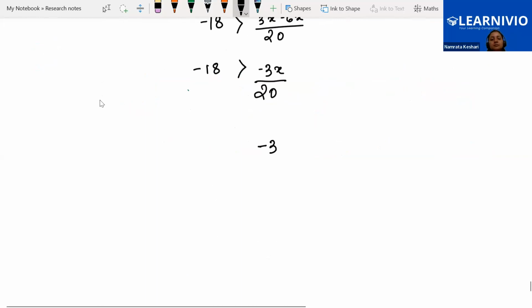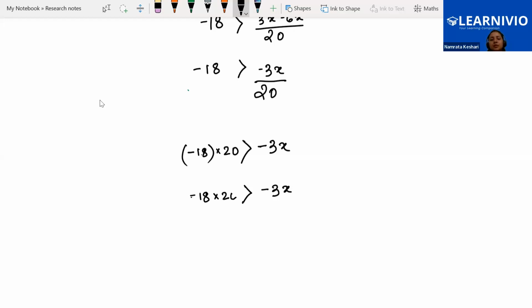Minus 3x is bigger than minus 18 into 20. Let's multiply them, or we can write it as it is for now also. No worries. Okay, this is what we have. If we divide by minus 3 on this side, the sign will get reversed.